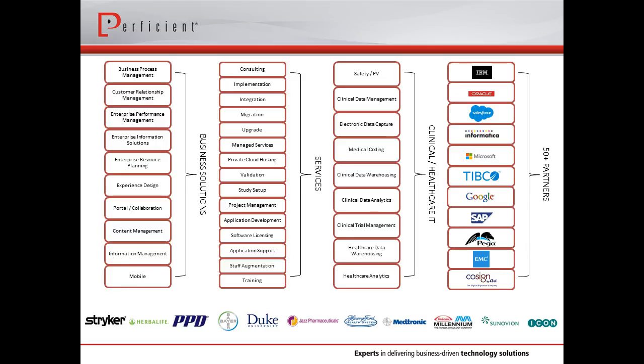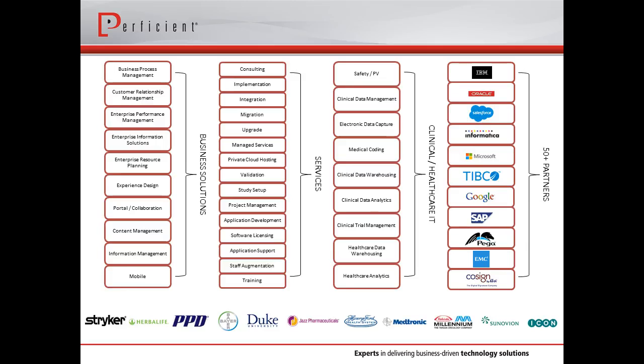So Perficient offers its clients many different types of business and technology solutions, everything from business process management and information management to content management systems and portals. We simply have a broad portfolio of solutions we work with. The services we provide are what you would expect from any IT consulting company, such as implementations, upgrades, cloud hosting, support, project management, and so on.